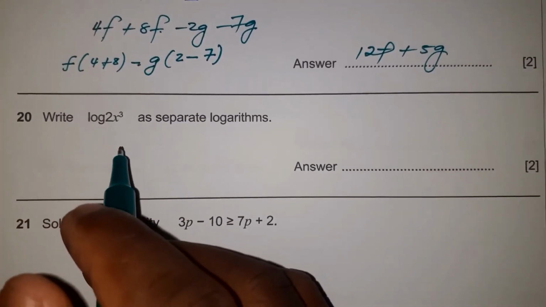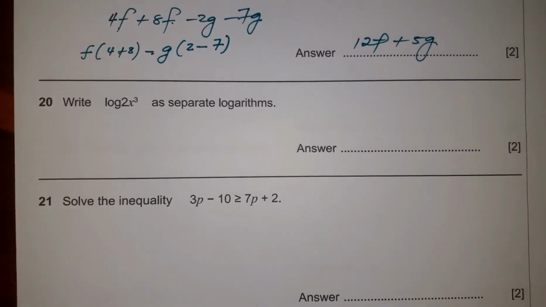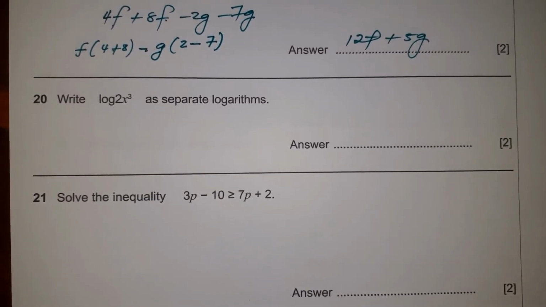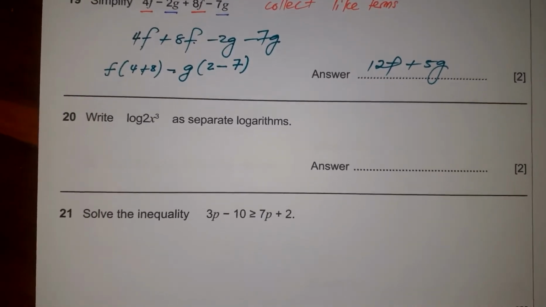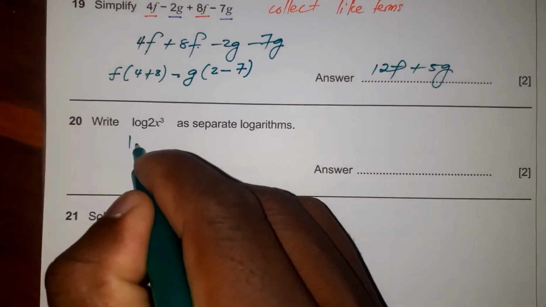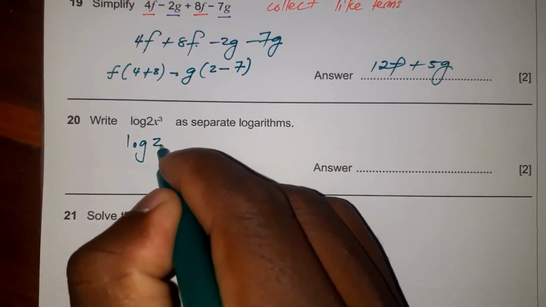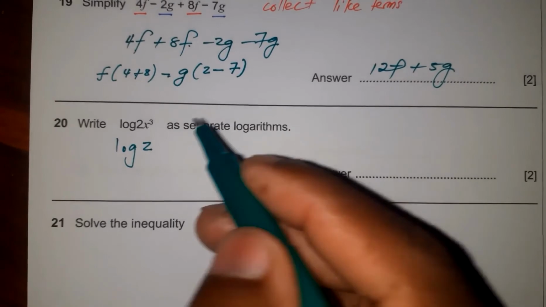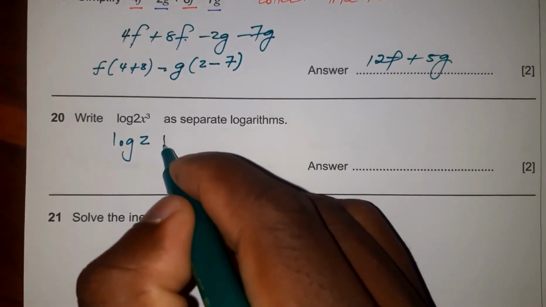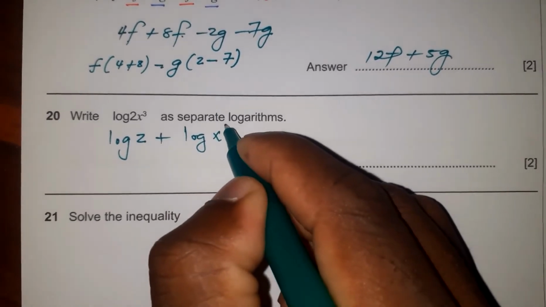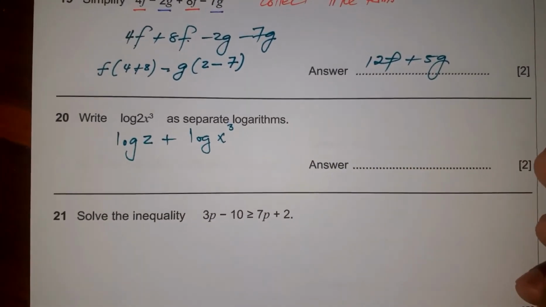Writing this as separate logarithms. This one I think you need to recall the laws of logarithms, otherwise you will get it wrong. But we can write here log of 2. I need to separate. Here's multiplication, therefore it's plus log of x to the power 3.